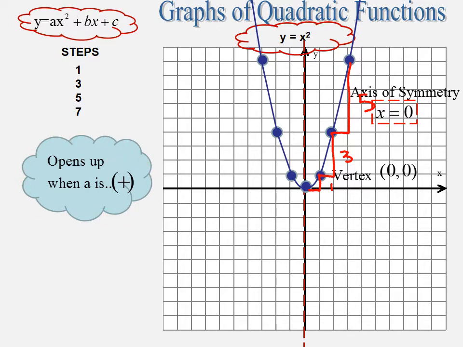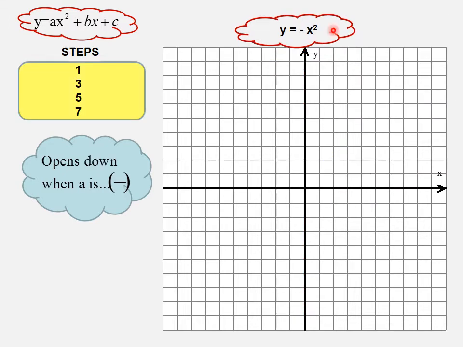Okay, on the next slide we also looked at negative x squared, and so here are our key steps again, 1, 3, 5, 7, and remember that I said we could use these steps to draw any parabola. In this case, what's in front of x squared is a negative, so instead of going upwards, we go over 1, down 1, over 1, down 3, over 1, down 5, and we'll draw the symmetrical points on the left-hand side as well, and there's our parabola that goes through that.